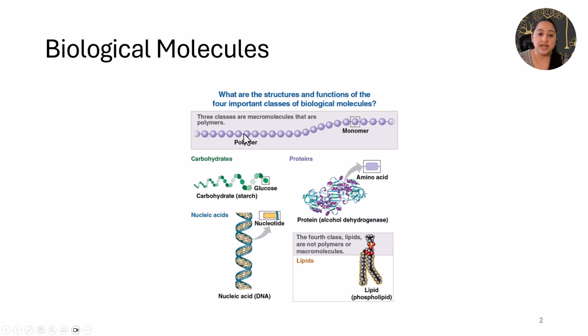You can see how a carbohydrate is a polymer of these little rings, and similarly for the other 2. So carbohydrates, proteins, and nucleic acids are polymers made of monomers. Lipids are not technically true polymers, but they are an important class of biological molecules, so we'll talk about them today. That's the preview.